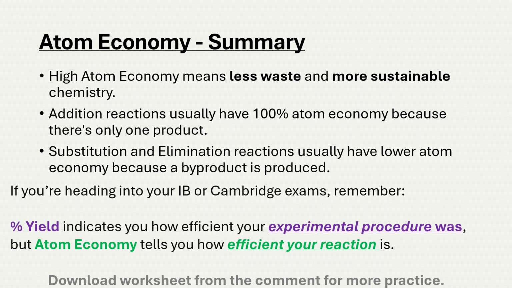No byproduct is produced, but substitution, elimination, acids and bases, and any other reactions that have a byproduct will have lower atom economy. So in the next video, I will go through the difference between percentage yield, percentage error, and atom economy, because they are similar in a way but slightly different.